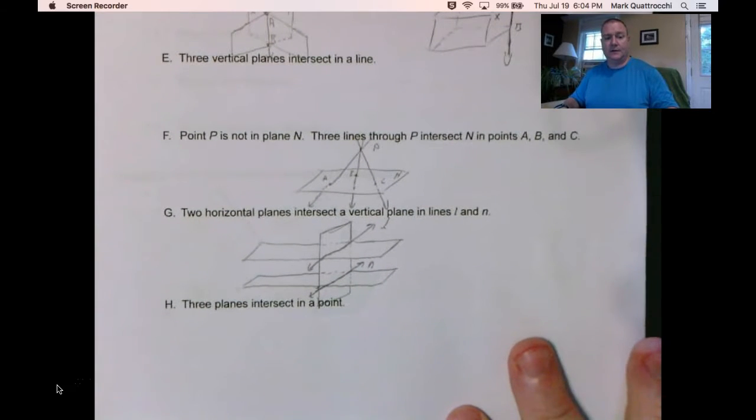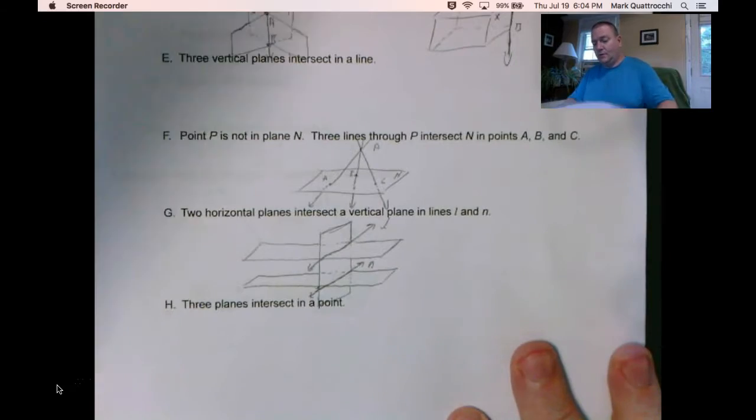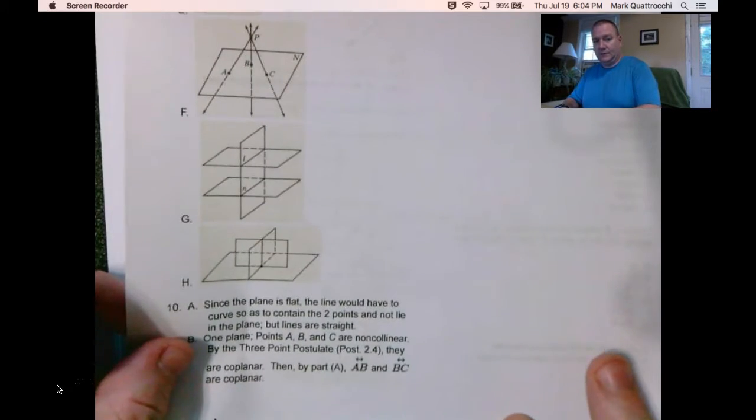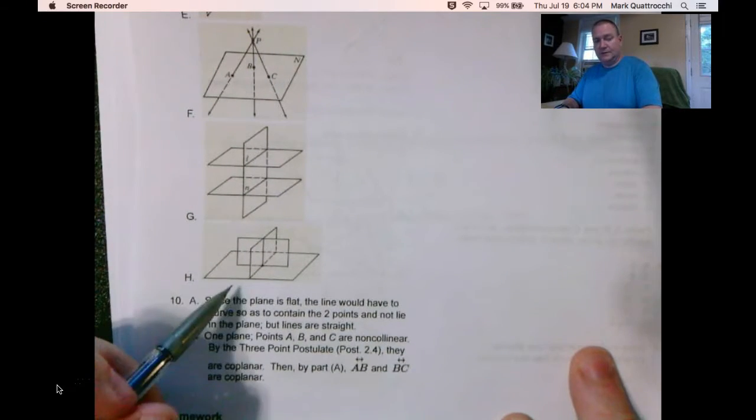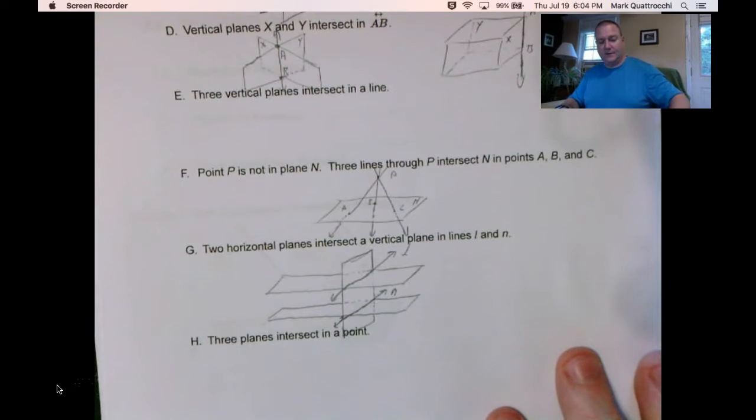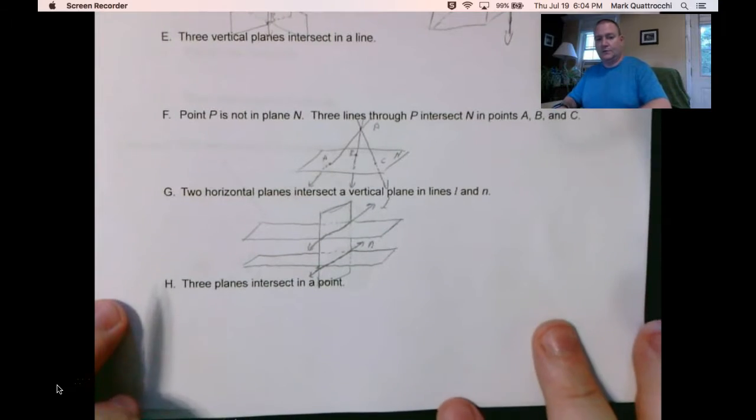All right. 3 planes intersecting at a point. Now, you can go with this one, but this is super hard to draw. The easiest one to draw is what we were doing a minute ago. Draw a cube.